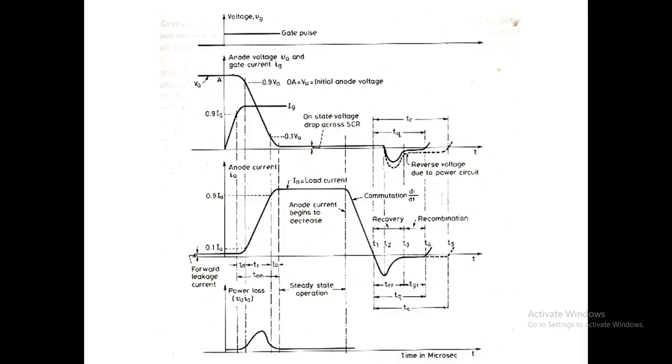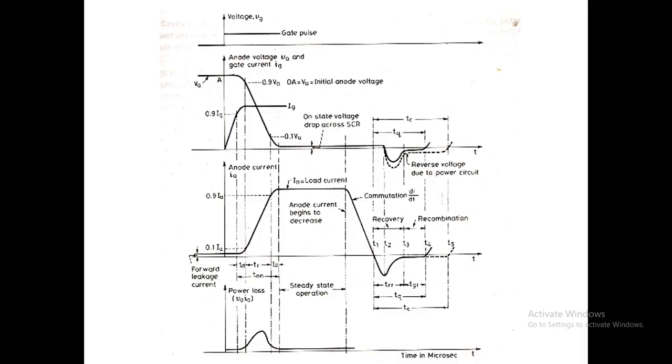So the anode current will flow in the reverse direction, since the charges are removed from the device. So the current will be in the negative direction, that is the recovery time TRR. And after that, a recombination, that is, the inside two layers will have some trapped charges, so those charges will take some time for depleting, that is, for the recombination.